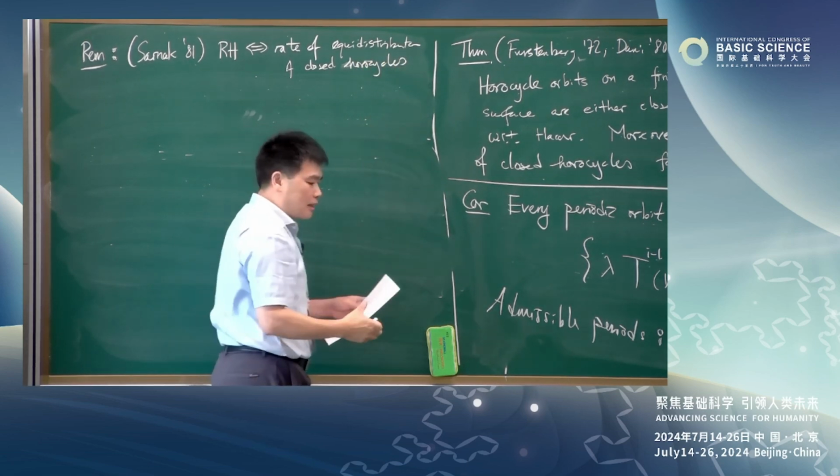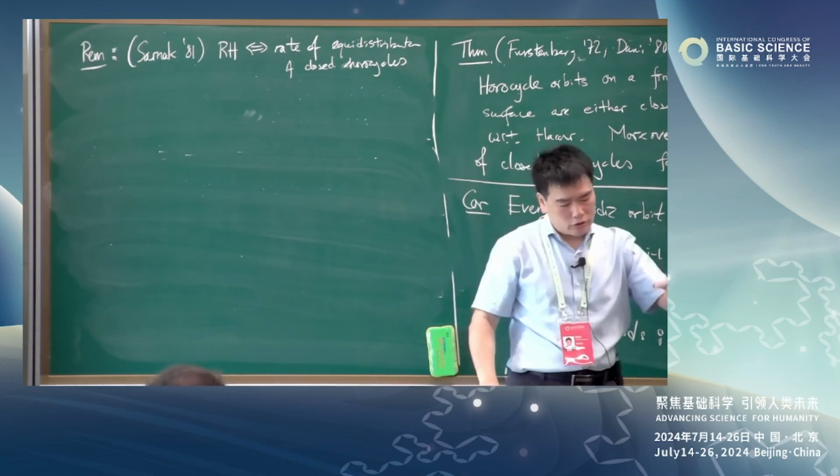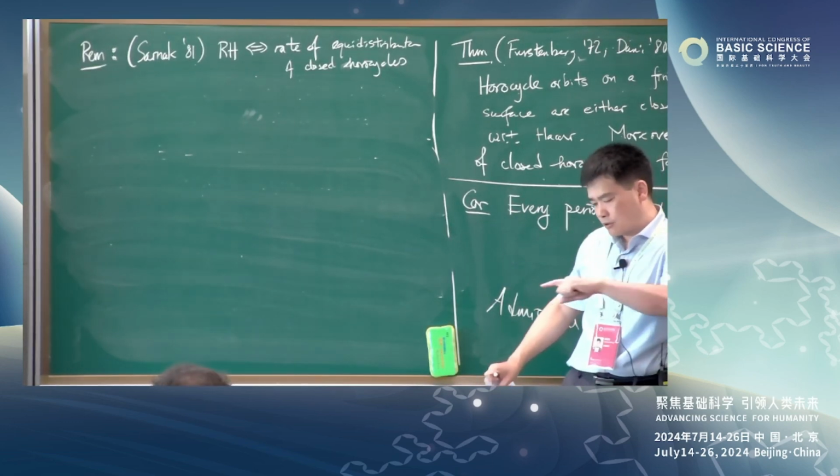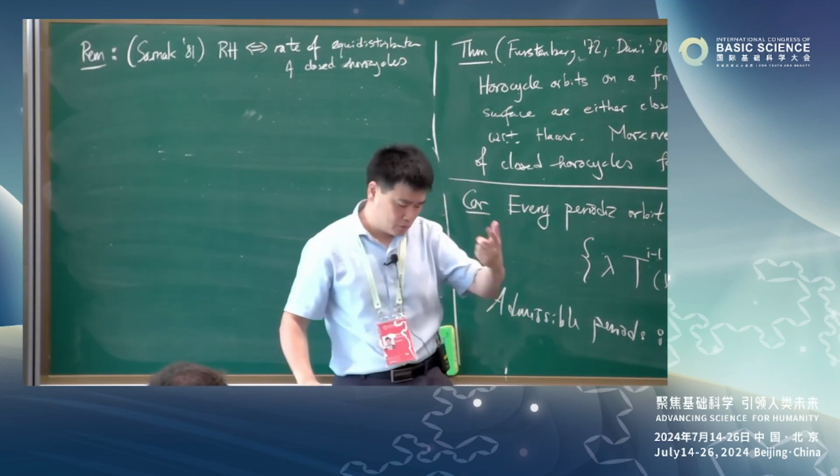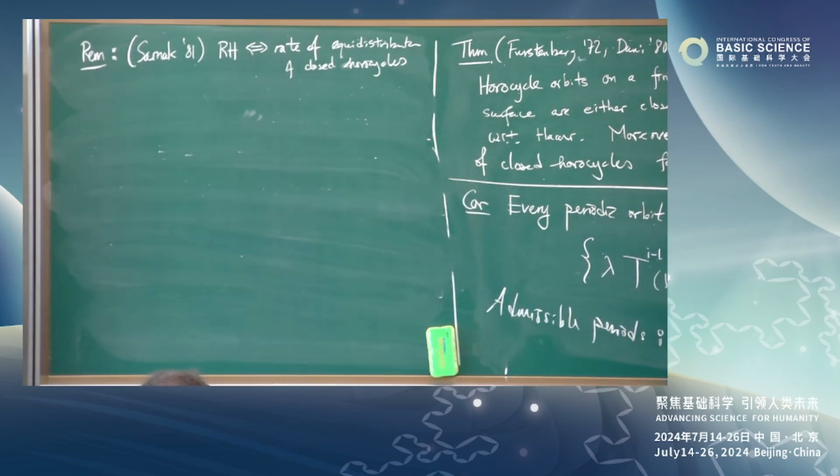There's a one-parameter family, and these horocycles get longer and longer, and as the length goes to infinity, it equidistributes with respect to Haar measure, and you can measure the rate of equidistribution in some representation theory sense, involving Sobolev spaces, and the rate at which these things converge.